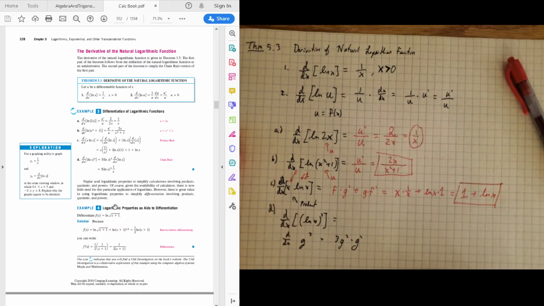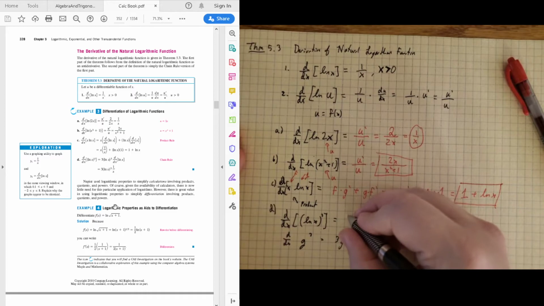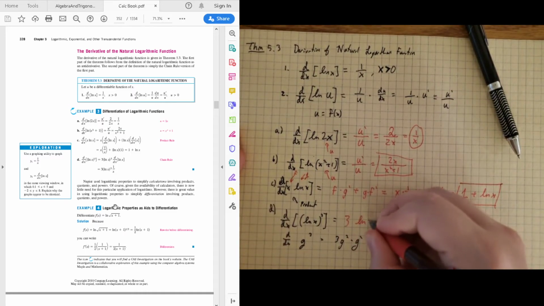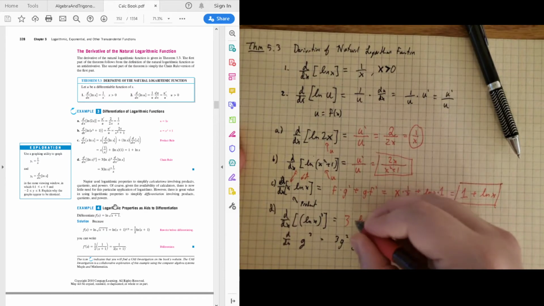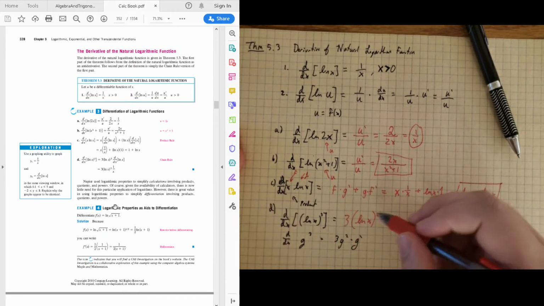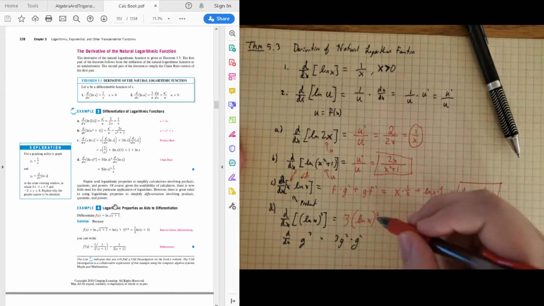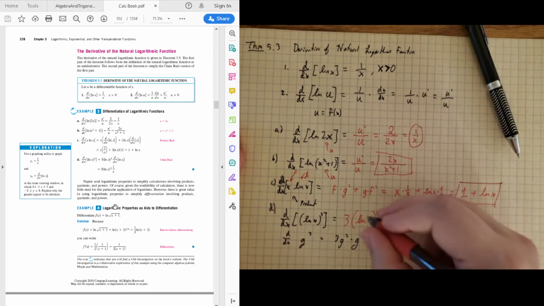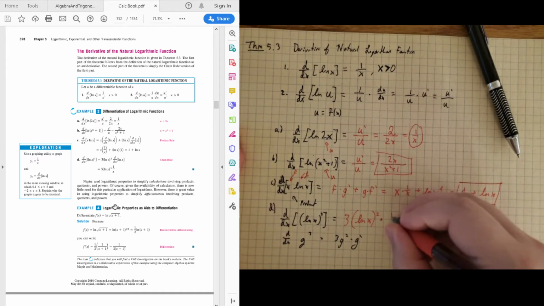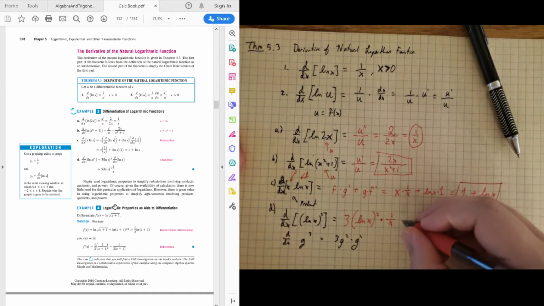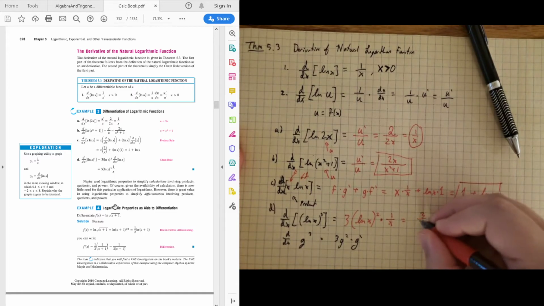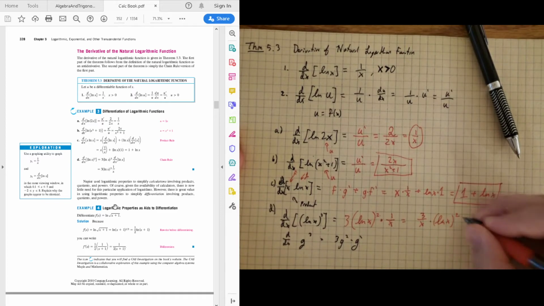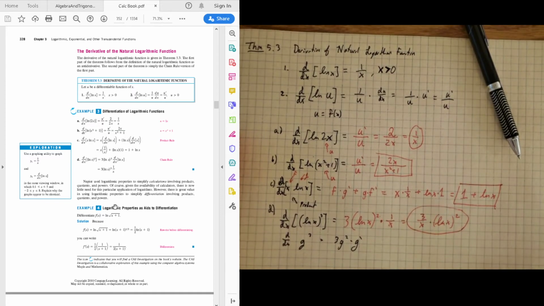So g prime. This would tell me that this is supposed to be 3 ln of x squared. So I do the derivative of the outer portion first, so the power of 3 becomes a 3 out front, dropping to 2. And then multiply that by the derivative of the inside. The derivative of the inside is ln of x, which means the derivative is 1 over x. And I could rewrite this as 3 over x times ln of x squared, or some variation on that, but that is our solution.